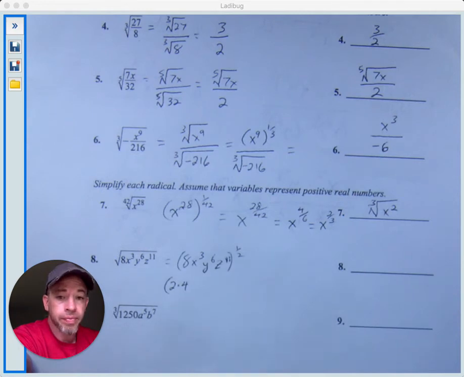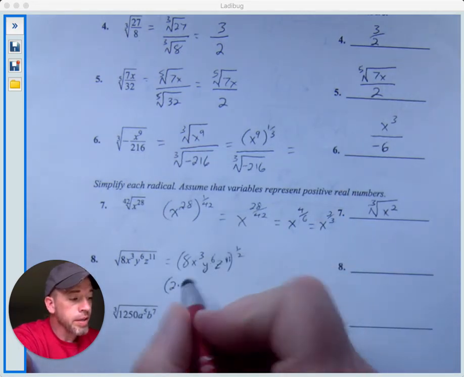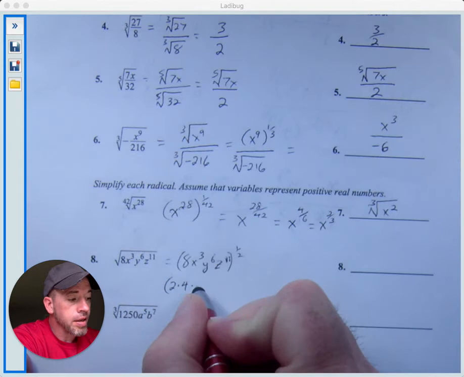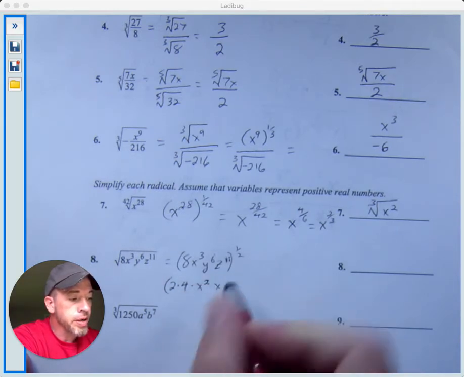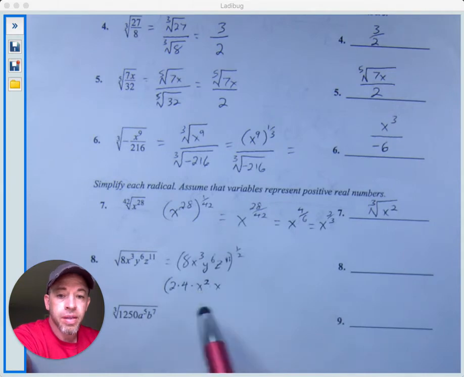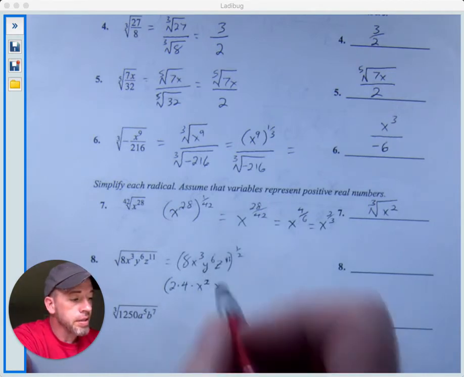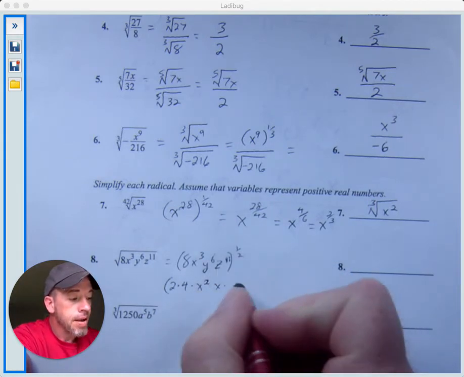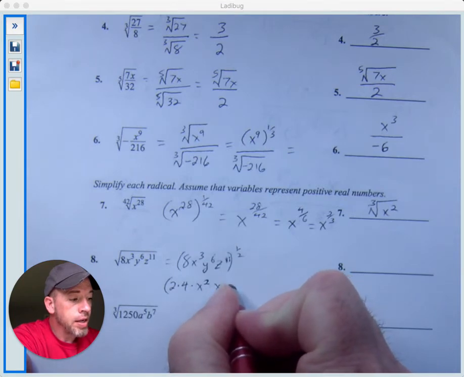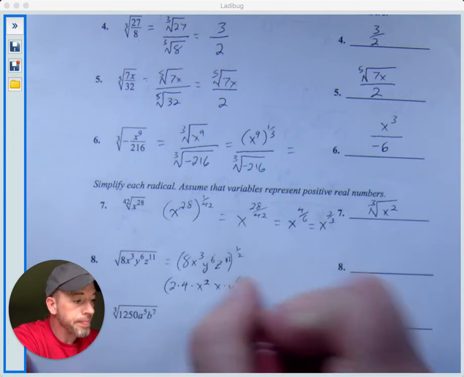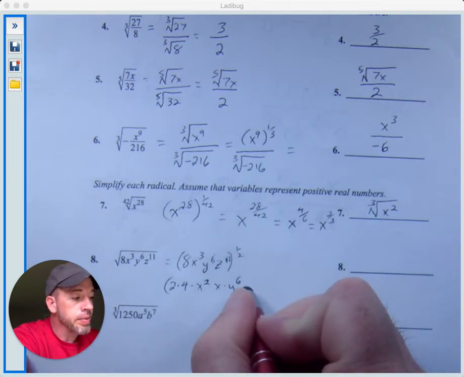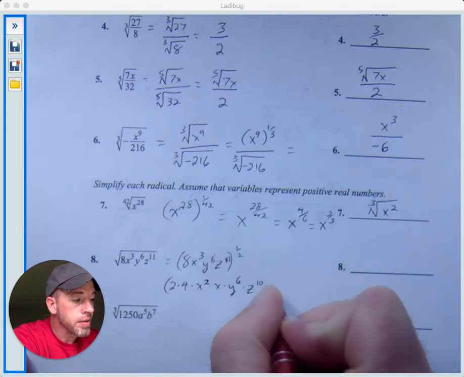Okay. X cubed, I'm going to write as x squared times x, because x squared is a perfect square. Y to the sixth, I'm going to write as y. Oh, y to the sixth is already a perfect square. I'm just going to leave it, right? And z to the 11th, I'm going to write as z to the 10th times z.